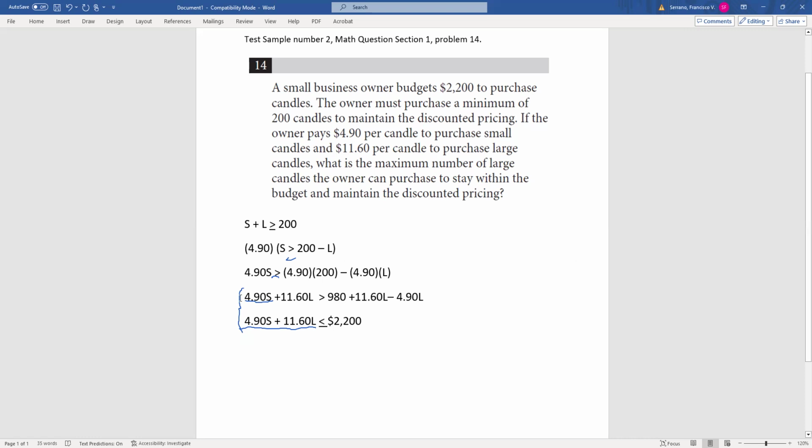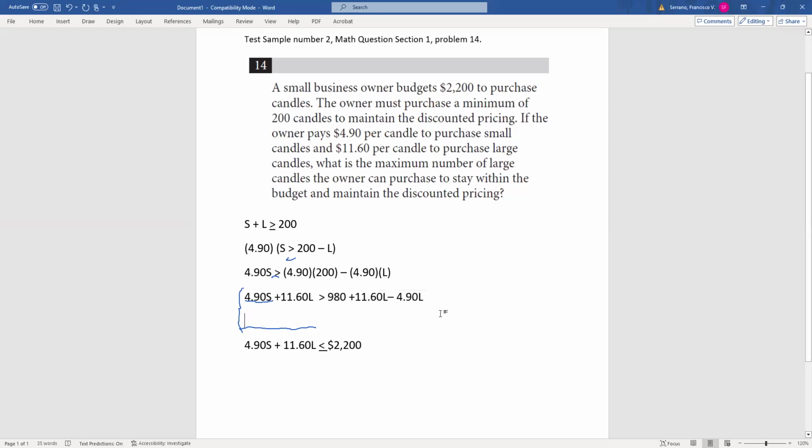Okay, so let's take a look at this. Can we simplify something? Yes, we can simplify the L's here. So that's what we're going to do.